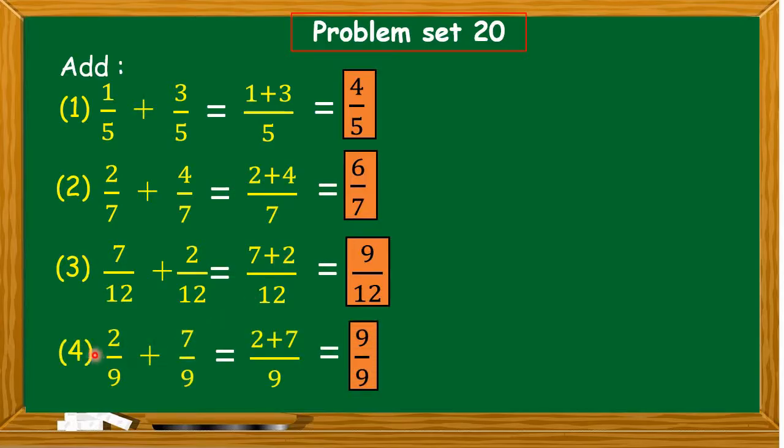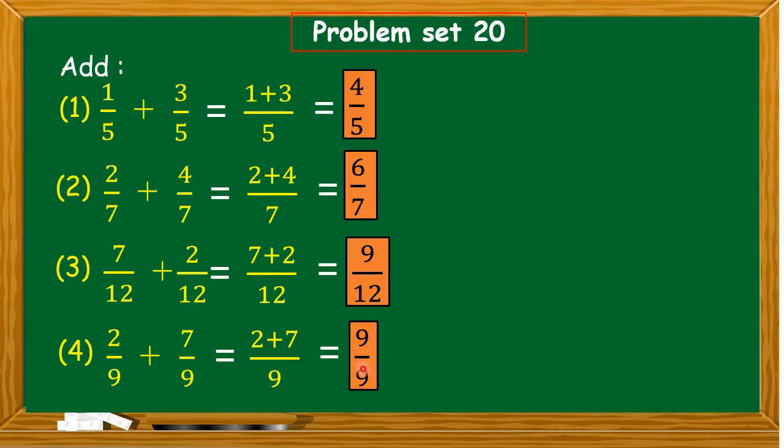You can see in the fourth example, we add 2 upon 9 and 7 upon 9, these two like fractions, and after adding the numerators, we get 9 and the denominator is also 9. So we get 9 upon 9. Now 9 upon 9 means all the 9 parts of 9 equal parts are taken.